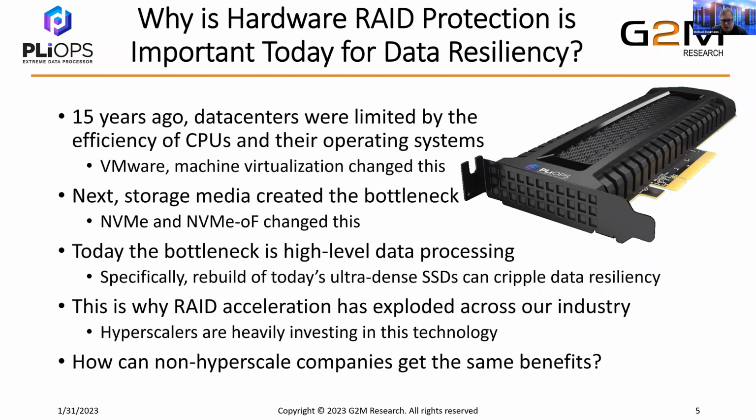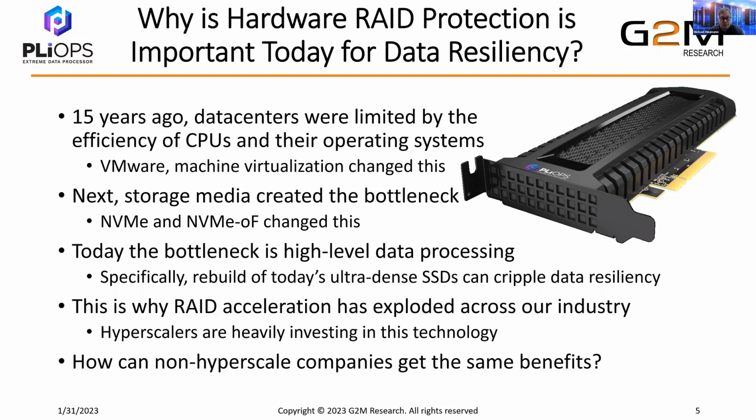So today, what's the problem? It's really the data processing that goes on at a high level. In other words, if you think about networking, level 3, level 4 sort of processing, and if you think about it in terms of storage, rebuilds and data protection are big issues. Same with snapshots and issues like that. Those are the big issues that we see today.